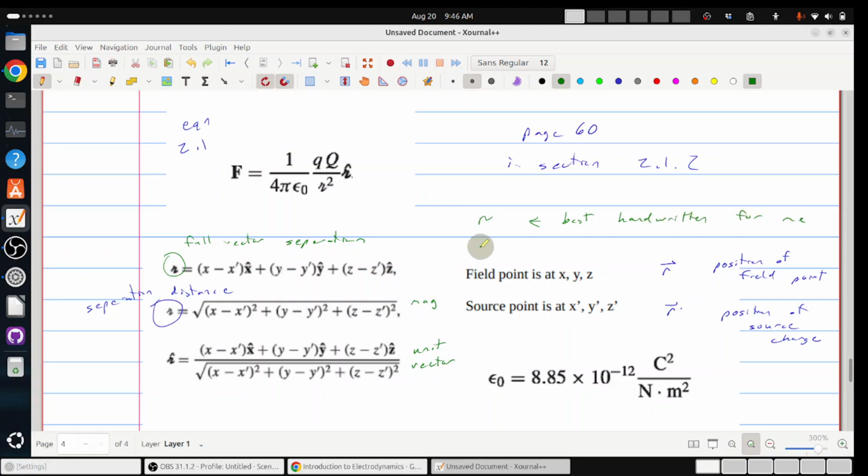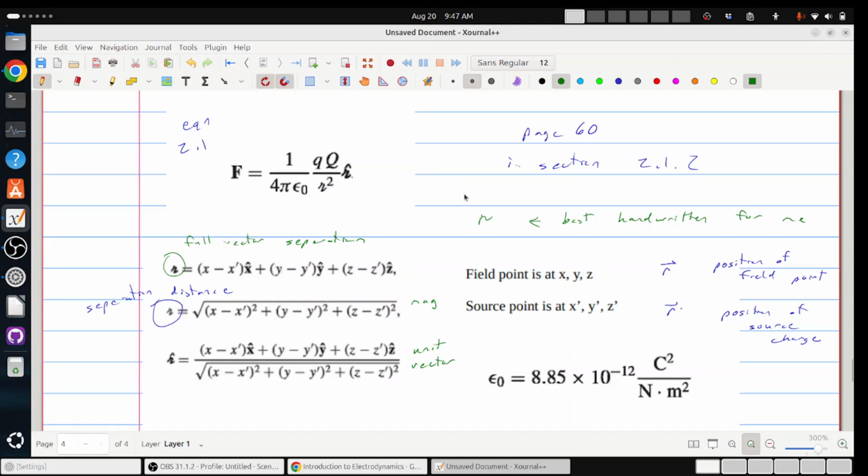So when I'm doing that, that's the separation vector. Feel free in class to ask me to clarify if you can't tell what I've written. Okay? So this is the way it's written in the textbook as a cursive R, a script R, as the separation distance and the separation unit vector.